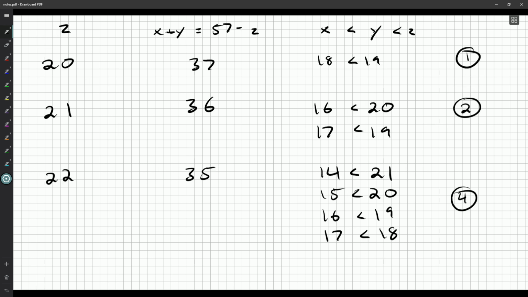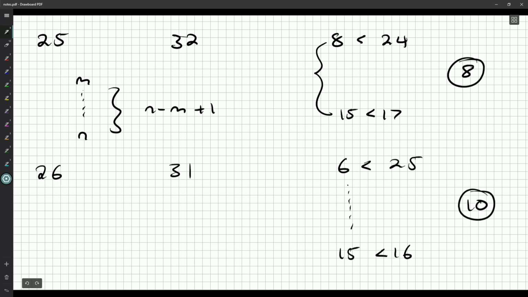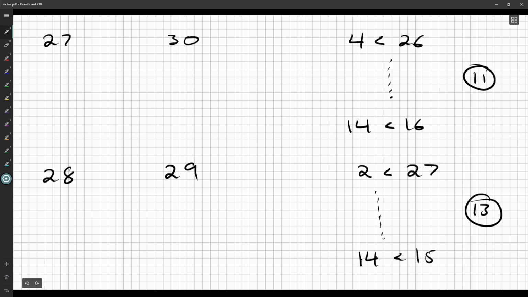1 plus 2 plus 4 is 7, plus another 7 is 14, plus 5 is 19. Then 19 and 18 is 37, then plus another 24. We can even just write this down. 1, 2, 4, 5, 7, 8, 10, 11, 13.